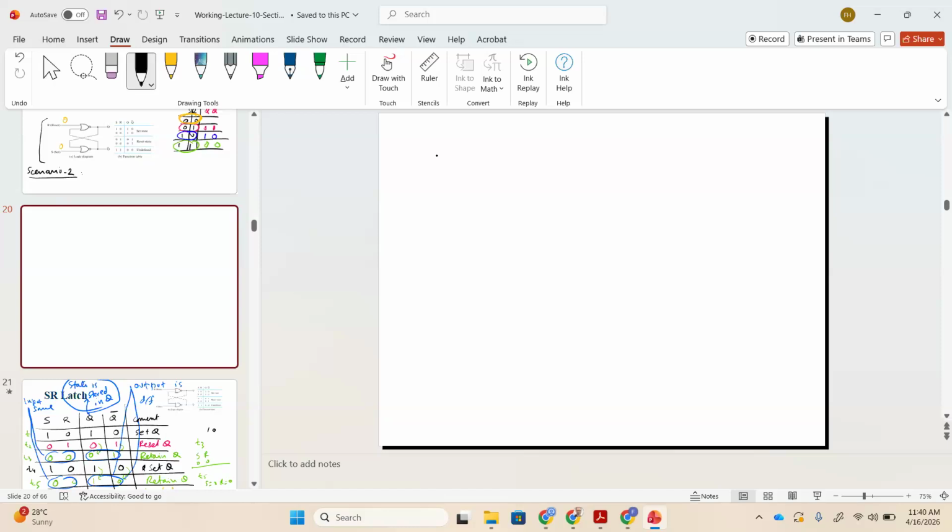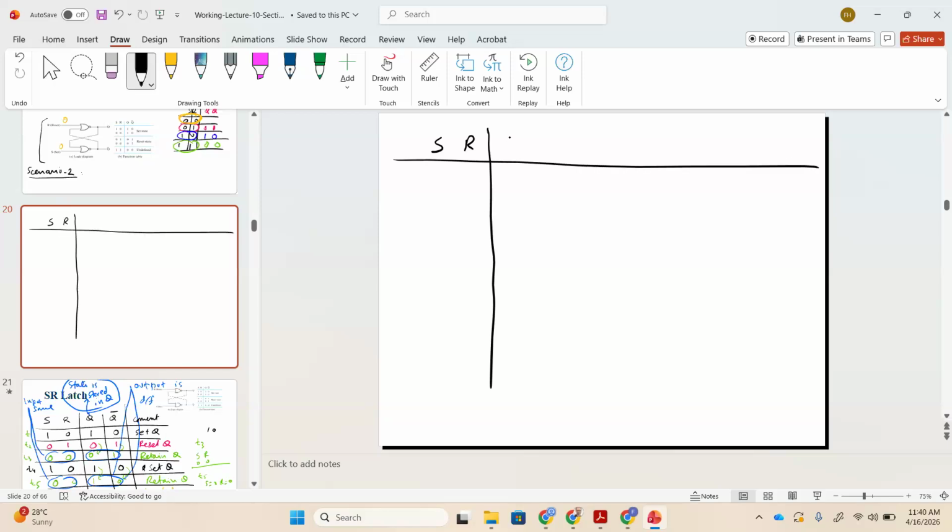Okay, so let's assume we have S and R, and this is Q and Q bar.